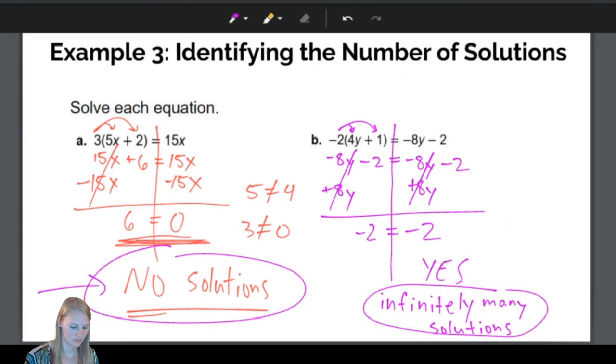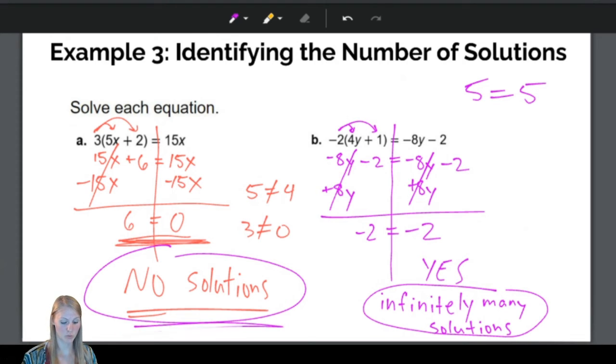So, this will only happen if the variable disappears. If the variable doesn't disappear, you get x equals 5, x equals whatever number. If that x disappears and you get 0 equals 5 or 5 equals 5, that is when these special cases come into play, these special solutions.